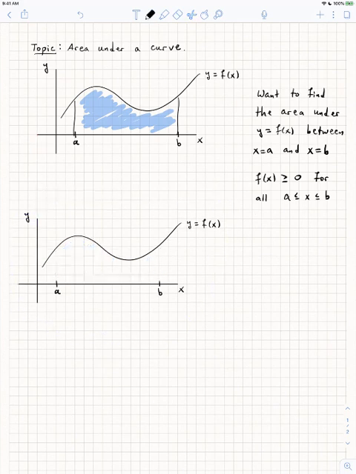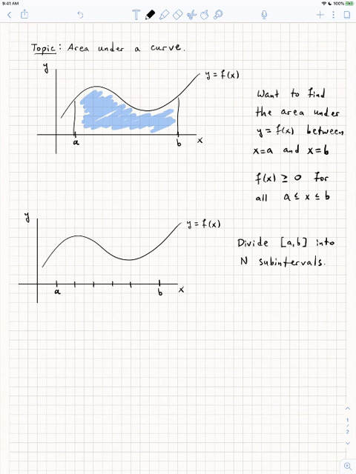So the first thing I'm going to do is divide my interval from a to b into a bunch of subintervals. So divide the interval from a to b into n subintervals. One, two, three, four, dot, dot, dot, n.